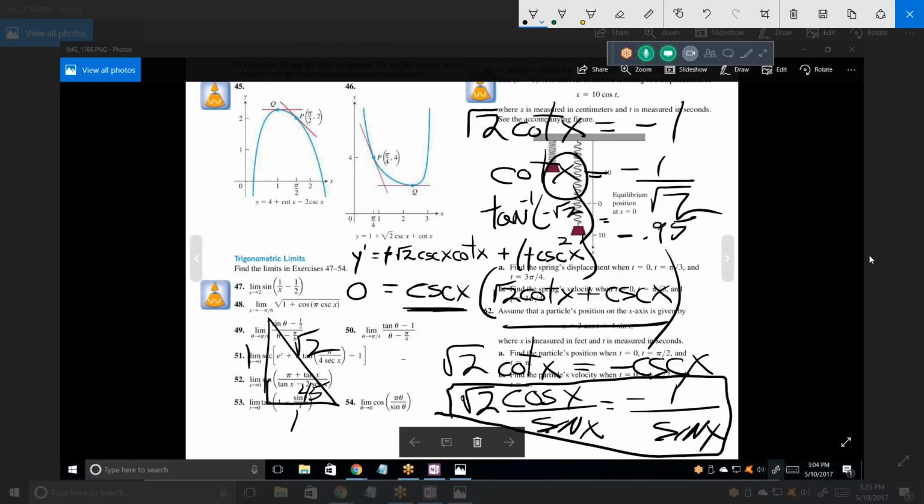Let's see. Where is that point? That point is, pi would be 3.14, so it's less than pi, which puts it in the second quadrant.